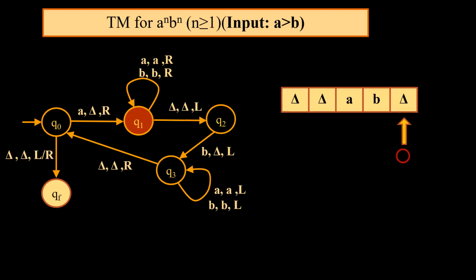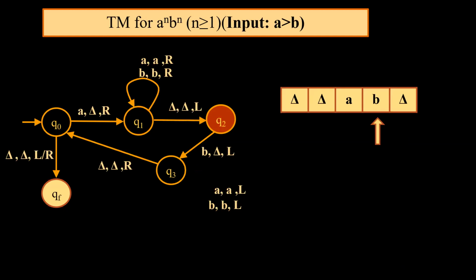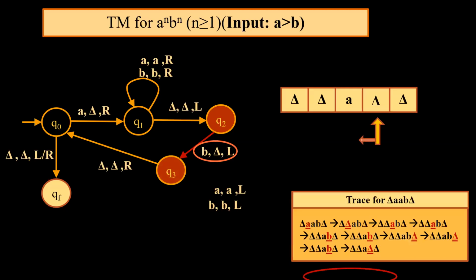When we come across delta, that means we have reached the last point of the input on the right side. We will not change this end marker, but now the moment we move towards the left, we should come across a B because we have already crossed off an A and now we should cross off a B. We will convert this B into delta and we will move towards left.